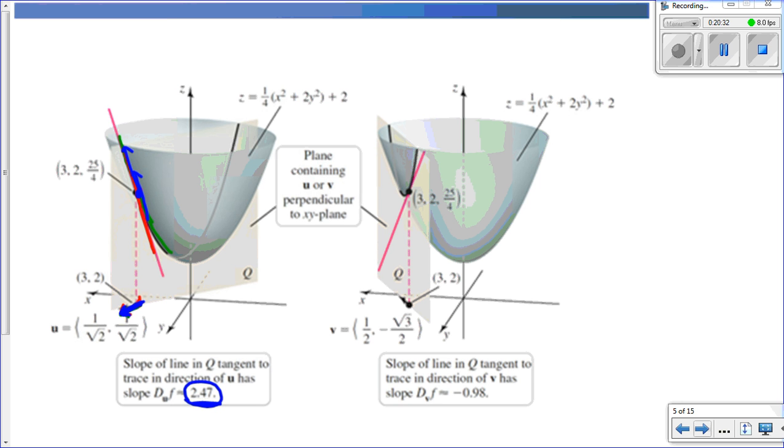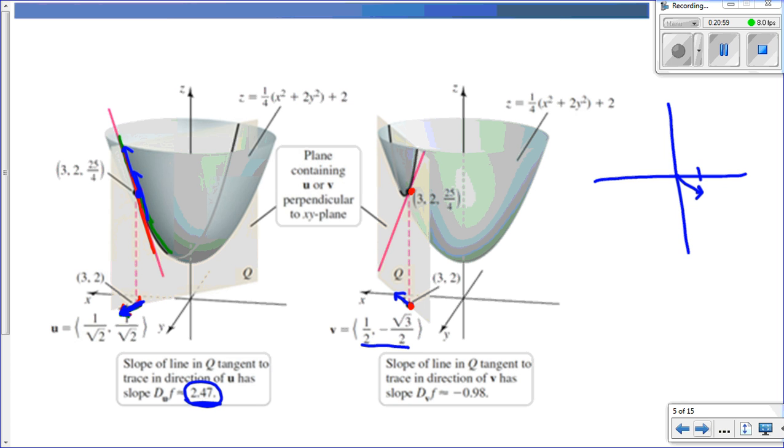In this other one, we're now looking at the direction given by (1/2, negative the square root of 3 over 2). So if you graphed that, you would be pointing downward into the fourth quadrant. So look at that vector positioned at the point (3, 2). The point (3, 2) here corresponds to this point on the curve.